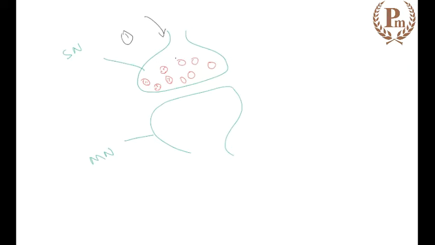Because of the arrival of the action potential at the nerve terminal, there is a change in the potential or polarity at the presynaptic end. And that leads to the opening of voltage-gated calcium ion channels. Once this channel is opened, ECF calcium being more than ICF, there is influx of calcium ions.